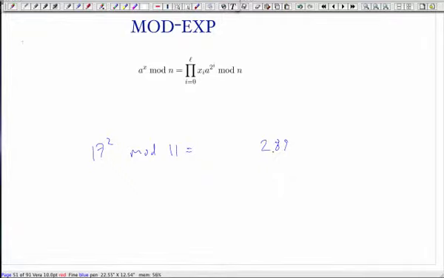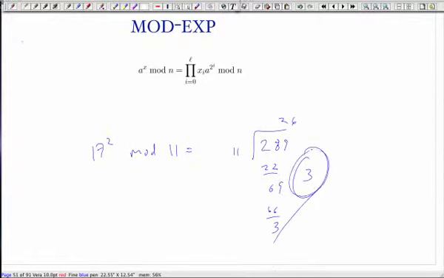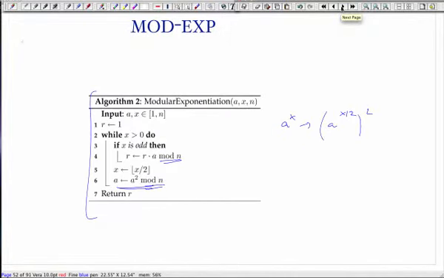Yeah? 3. Okay, great. So 3 is the answer. Aside from the mathematical aspect, everybody conceptually understands this idea of mod n. Very good. First idea, check mark.